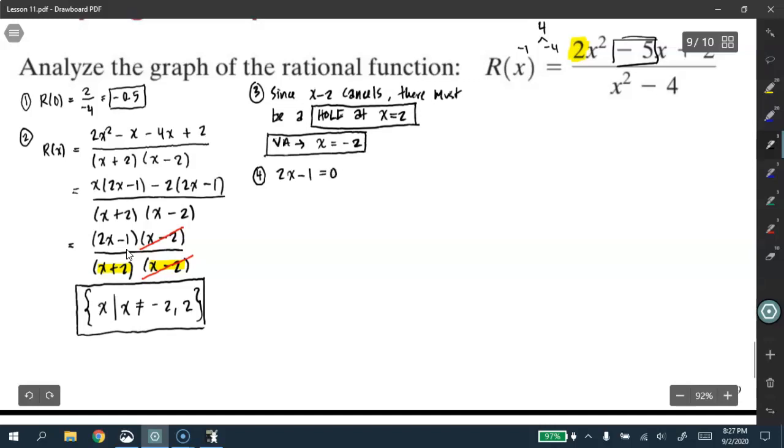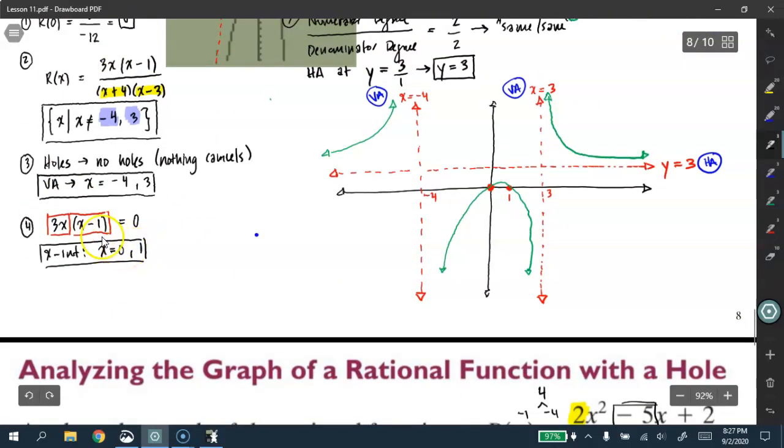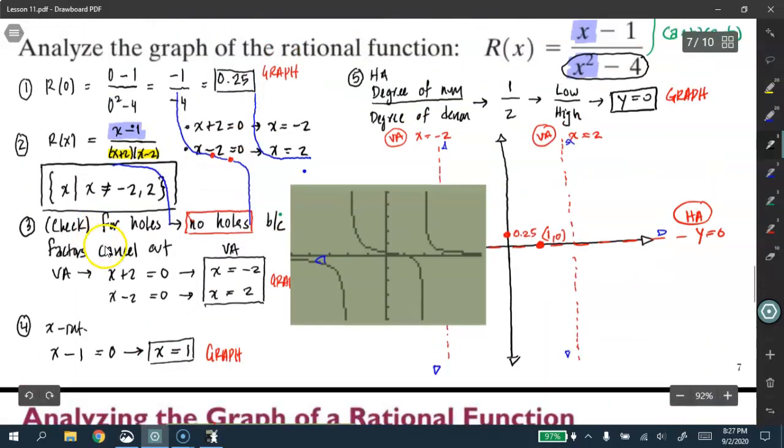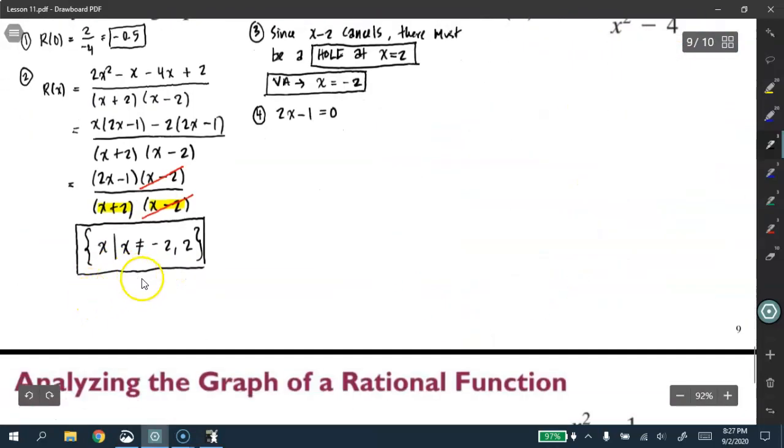I repeat, in the previous last 2 questions, we took everything in the numerator and set it equal to 0. And that's because nothing had canceled out from the numerator. But this time around, what's happening is the x minus 2's cancel out. So you're only left over with a 2x minus 1. So that's what you set equal to 0.